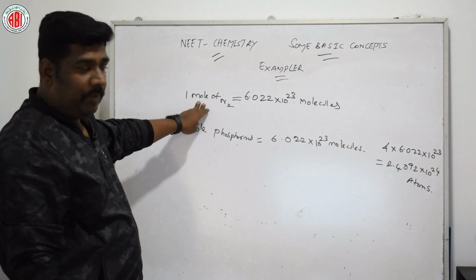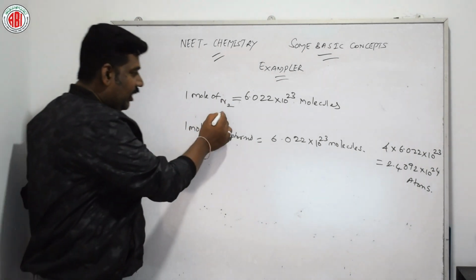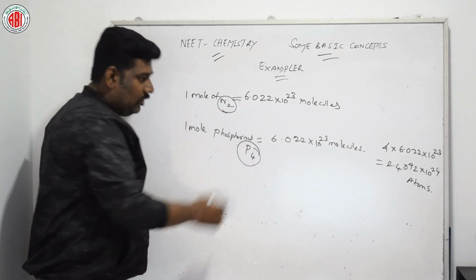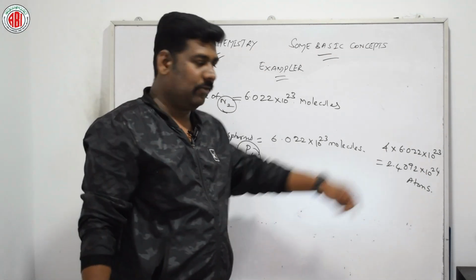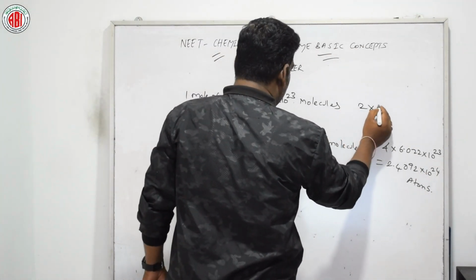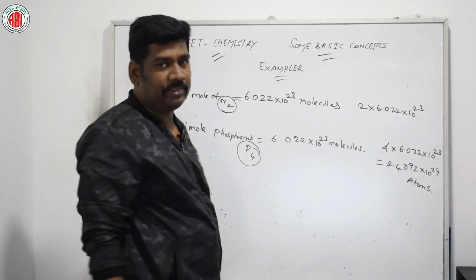Similarly, when we are talking about nitrogen, here number of atoms are 2, whereas in phosphorus here number of atoms are 4. That is the reason we are going to multiply with 4. Here number of atoms are 2. That means what? 2 into 6.022 into 10 to the power of 23 number of atoms.